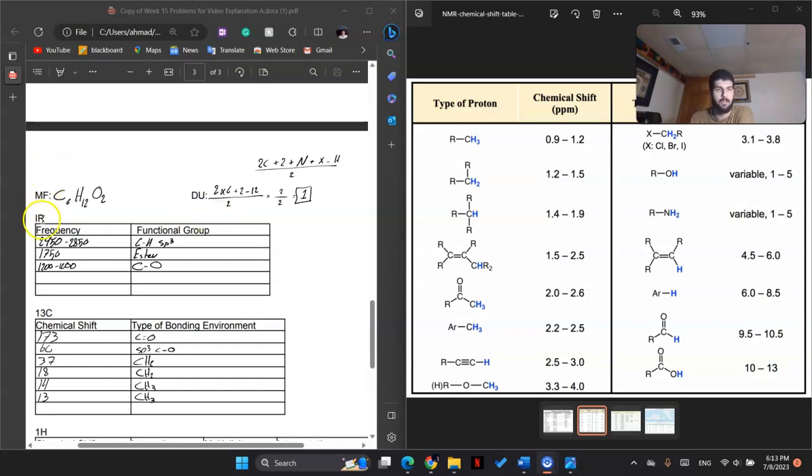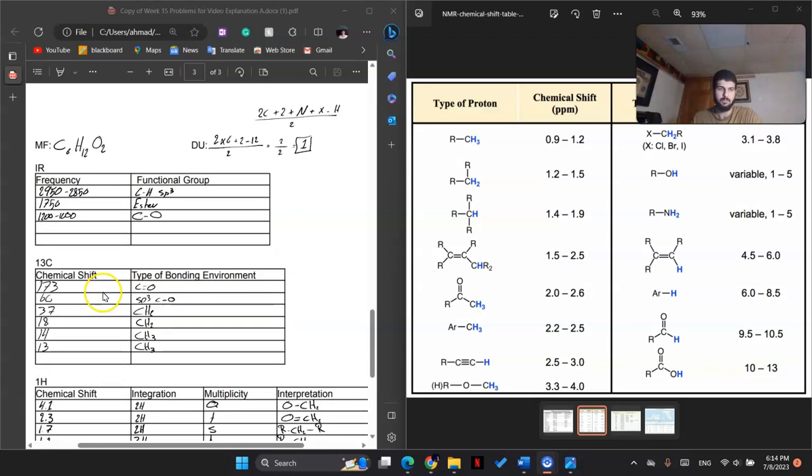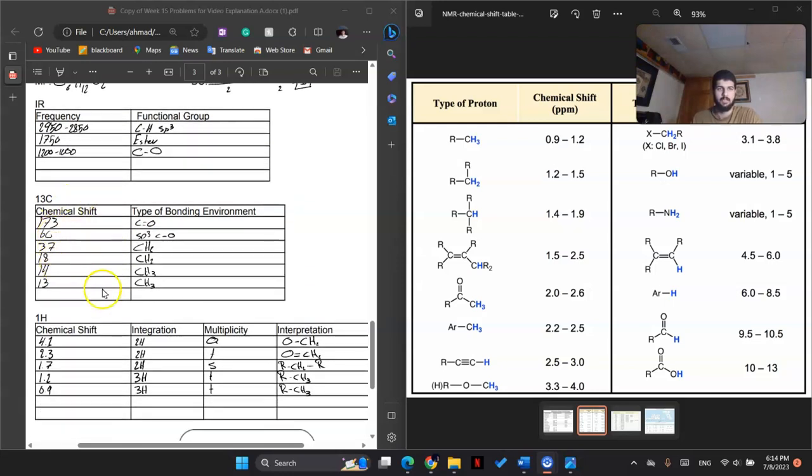I have written down the data of the peaks that I've collected from the IR spectra, and that gave me a C single bonded to an H, sp3 hybridized, and at 1750 I estimated that to be an ester. 1200 to 1000, right in between that range, was the last peak I estimated to be a C single bonded to an O.